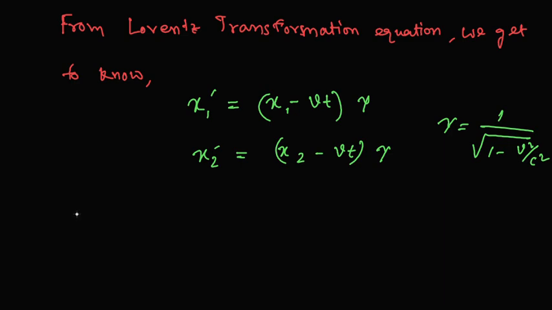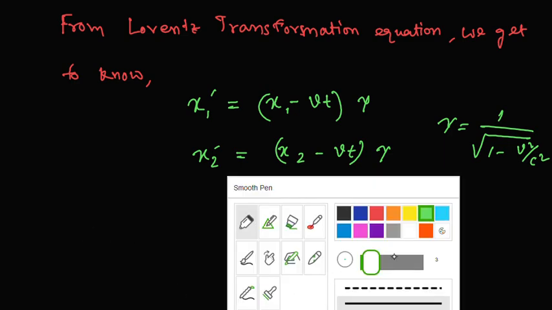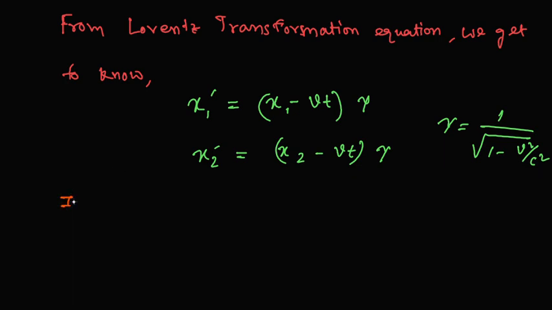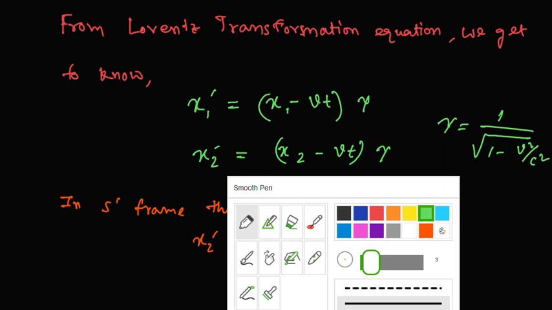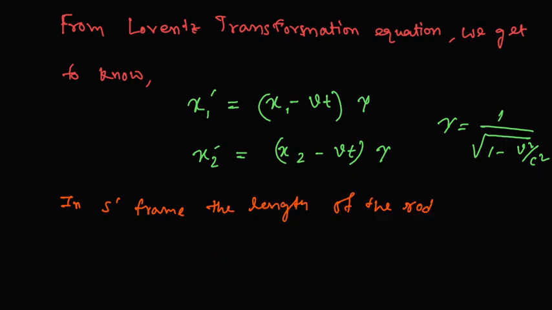Now, in the S prime frame, what is the length of the rod? In the S prime frame, the length of the rod is x2 prime minus x1 prime equals L naught.